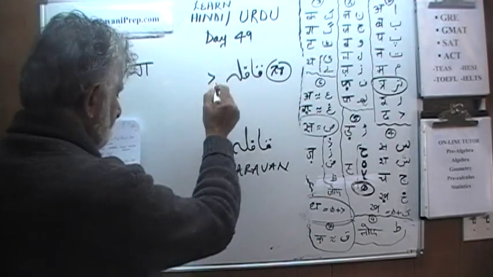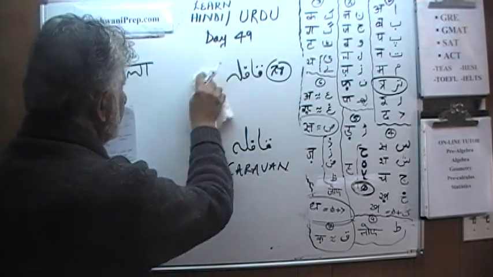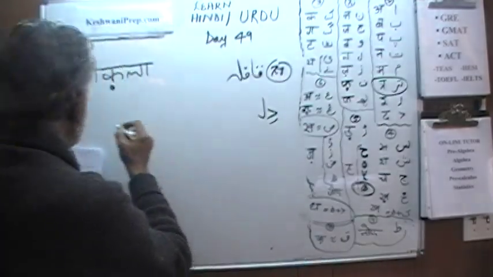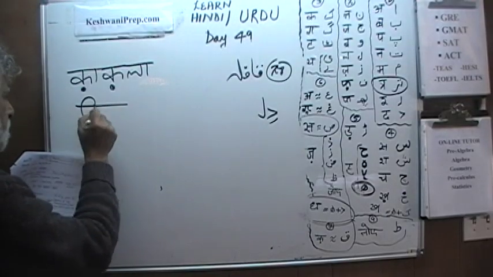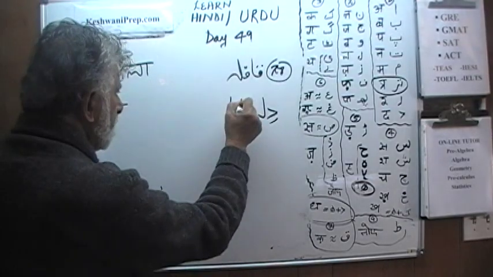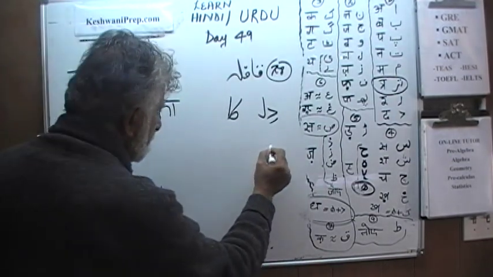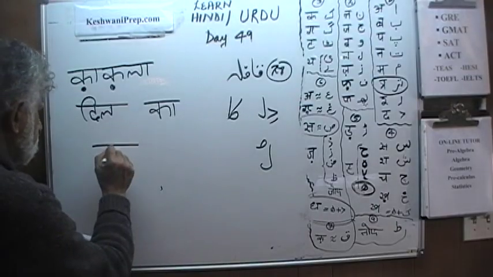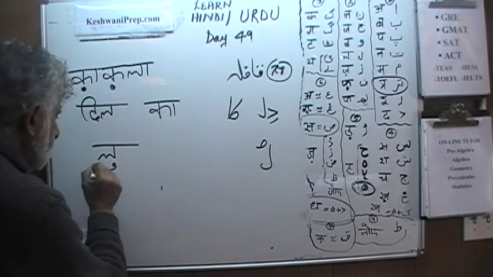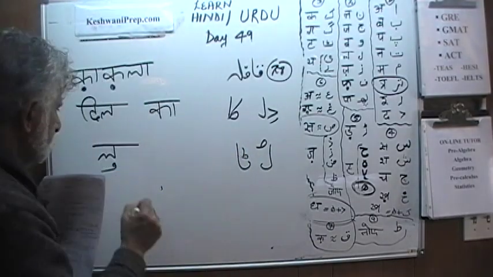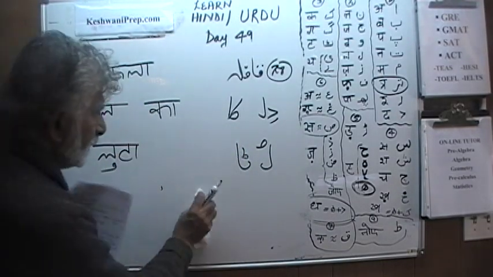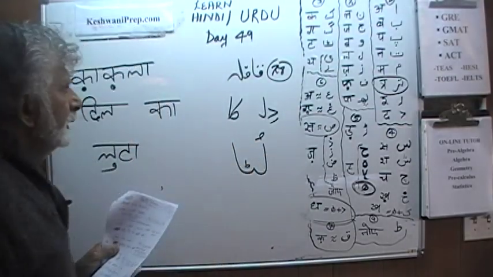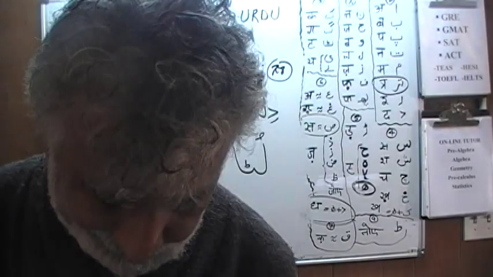Qafila, dil, ka, lu, with the short U vowel sign, and then a ta. Let's put luta together. Lu ta. Qafila dil ka luta.